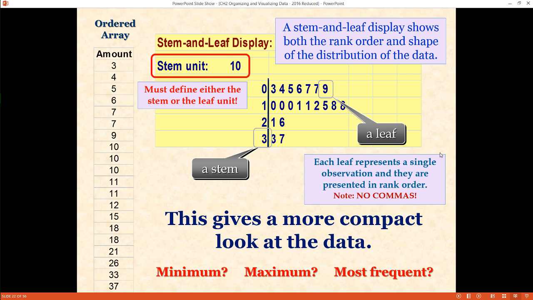And then the maximum, of course, $37. And again, you can kind of see the most frequent here. We have 3 zeros, right? Maybe even a little easier than we could see here. Not much easier. So $10 most frequent. So, a nice way to show a whole data set, as long as it's not too big, in a nice compact way.